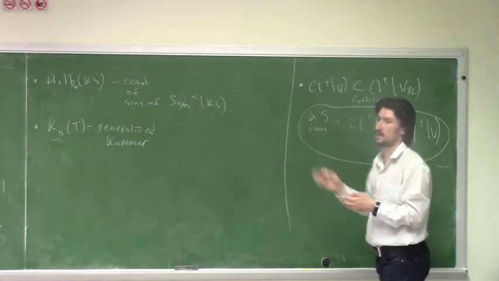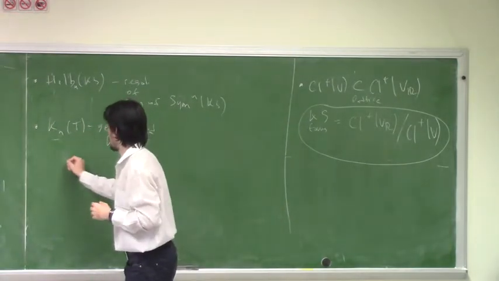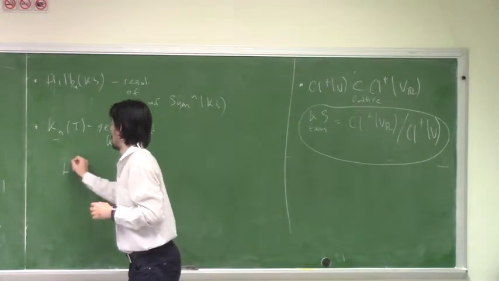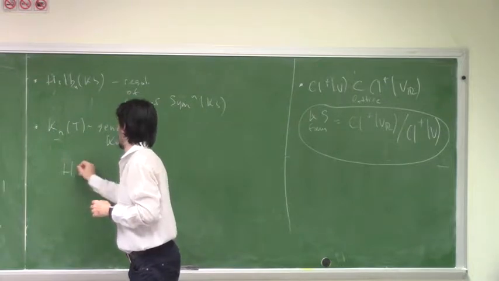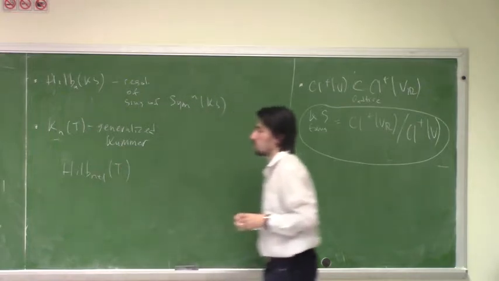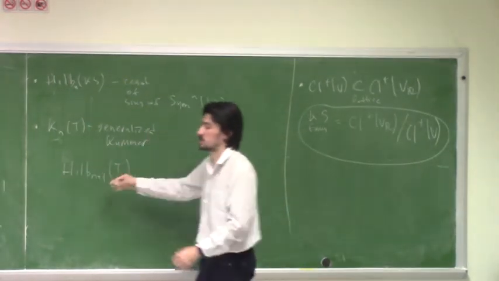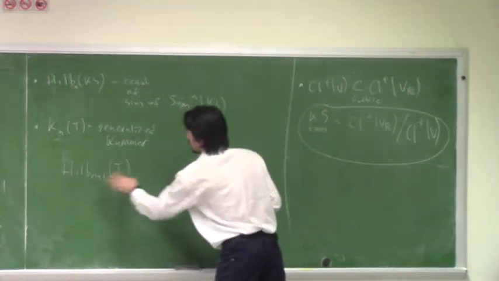So we get one from K3, which is the K3 itself, and generalized Kummer varieties: we start with a torus, for example. Consider the Hilbert scheme of n plus 1 points on the torus. So zero-dimensional subschemes of the following length.